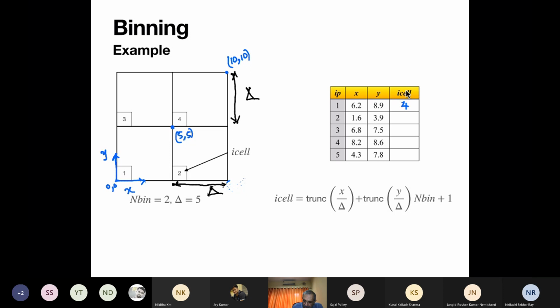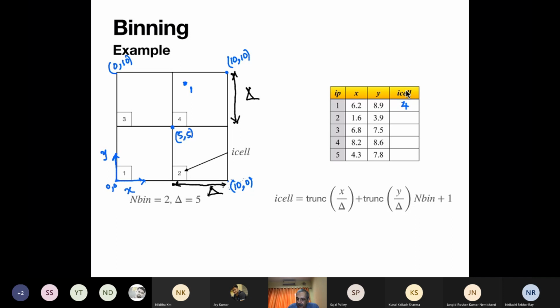This is not 0, 10, but it is 10, 0, and this is 0, 10. So like this, you can see clearly that this is 6.2 and 8.9. So this particle will be maybe somewhere over here. So this is particle 1, and so obviously it's in cell 4.